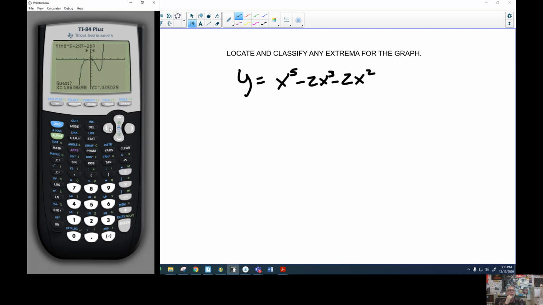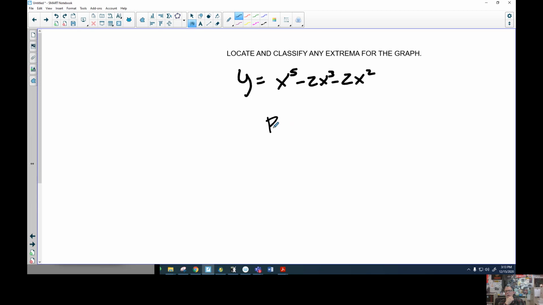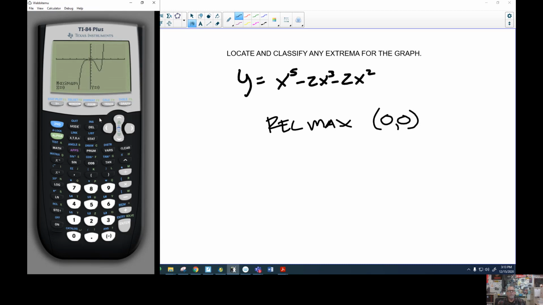And I might go back this way a little bit and say enter. 0, 0. All right, so what do we have? We have a maximum at 0, 0, and that's a relative max. So relative max at 0, 0. We located and classified it. Well, we classified and then located it. Same idea.